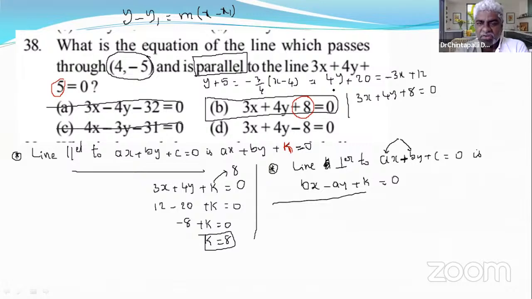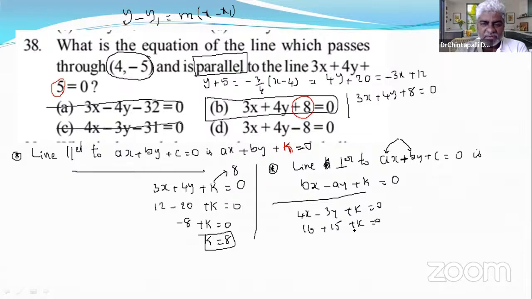Yes, very good. The required line can be taken as 4x minus 3y plus k is equal to 0. To know the value of k, we use 4 comma minus 5. Plug in 4 comma minus 5: 4 fours are 16, minus 3 times minus 5, plus 15, plus k is equal to 0.